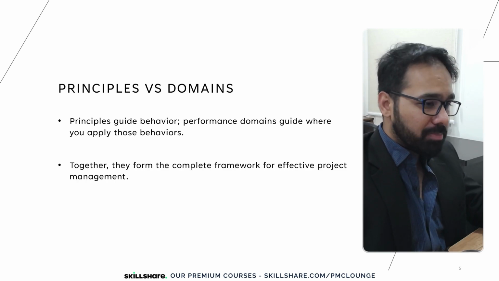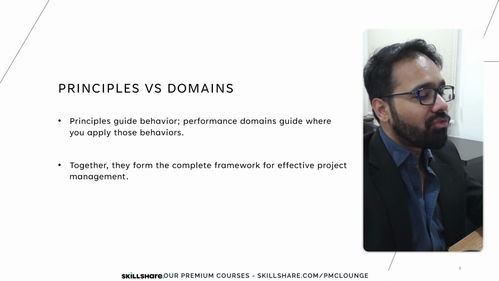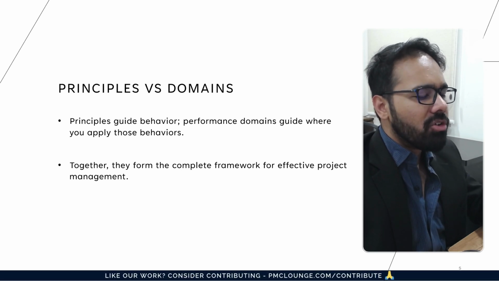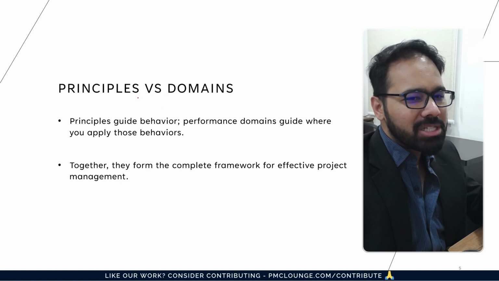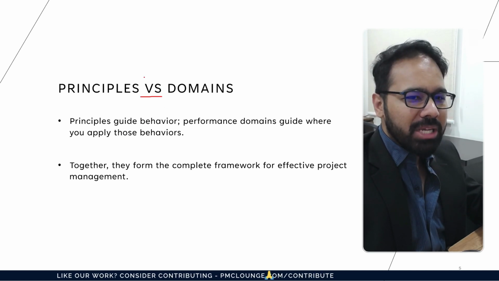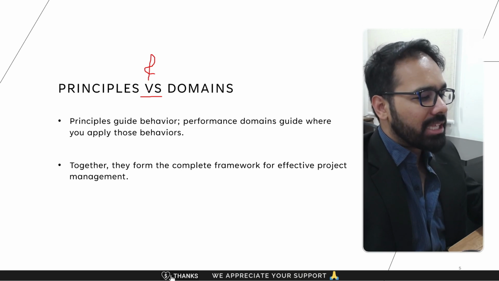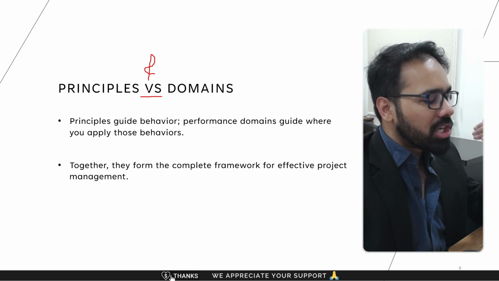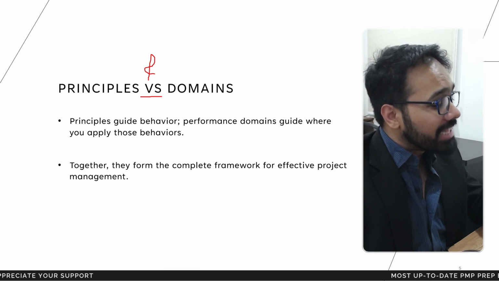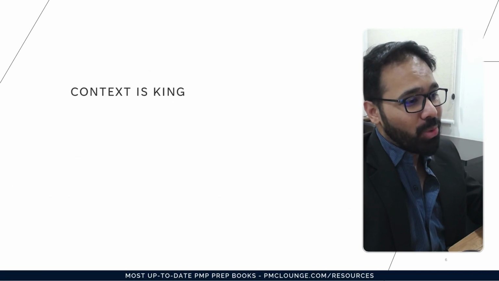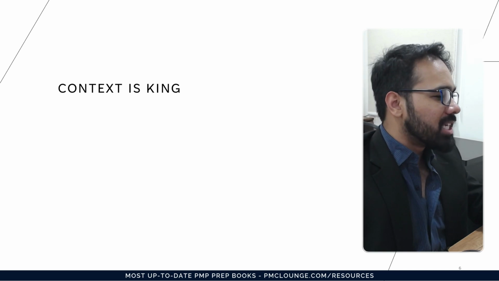Together, principles and domains are going to form the complete framework for effective project management. So it's not like principles versus domains. It's not either or here. It's principles and domains. Both of them go together. You have to combine both of these to ensure that you're not just doing things right, but doing the right things as well.